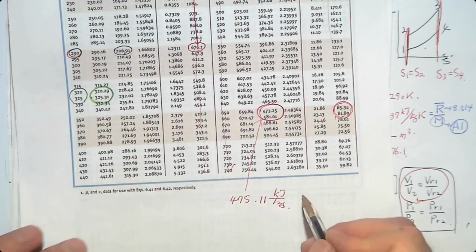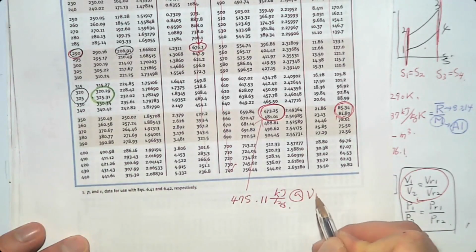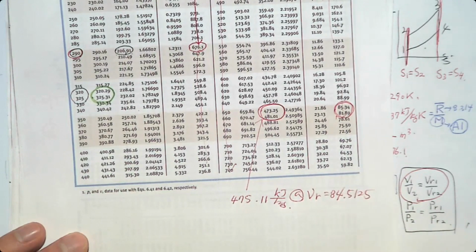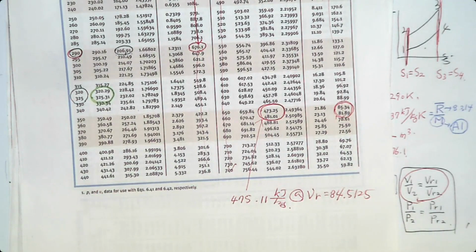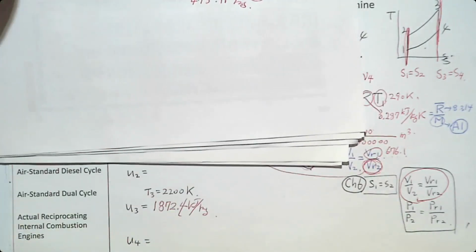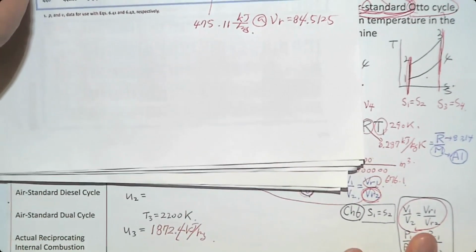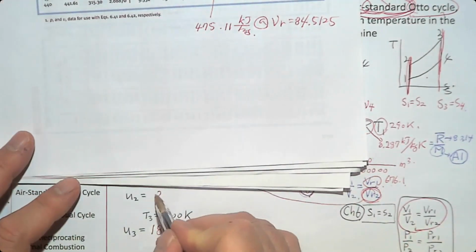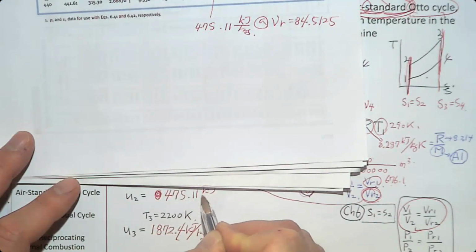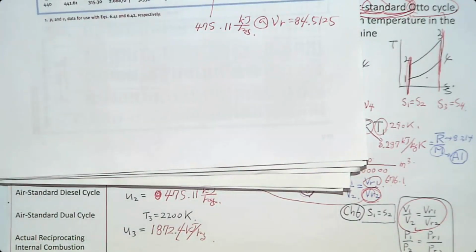This is when VR is 84.5125. So let me write this one here. 475.11 kilojoule per kilogram. So we got U2.